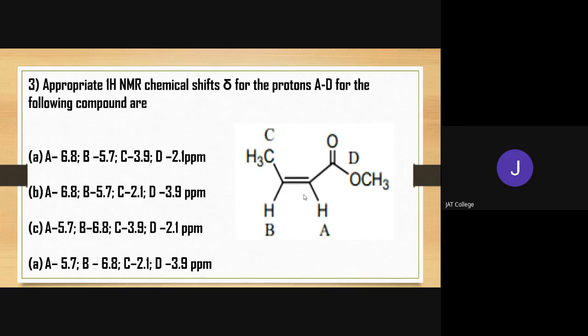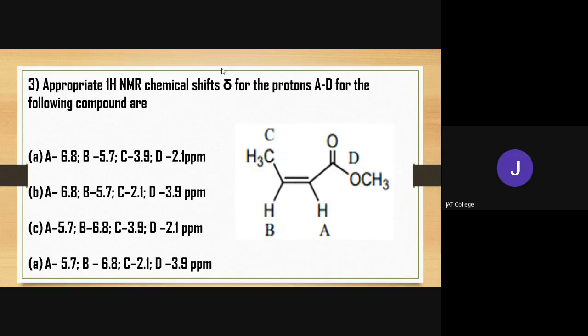Look at here. When the conjugation is done from the double bond to the carbonyl group, then what will happen? There is a formation of positive charge on the beta carbon. That means beta carbon carries positive charge. If beta carbon carries positive charge, then out of A and B protons, which is highly deshielded, or which is attached to the electron deficient carbon?